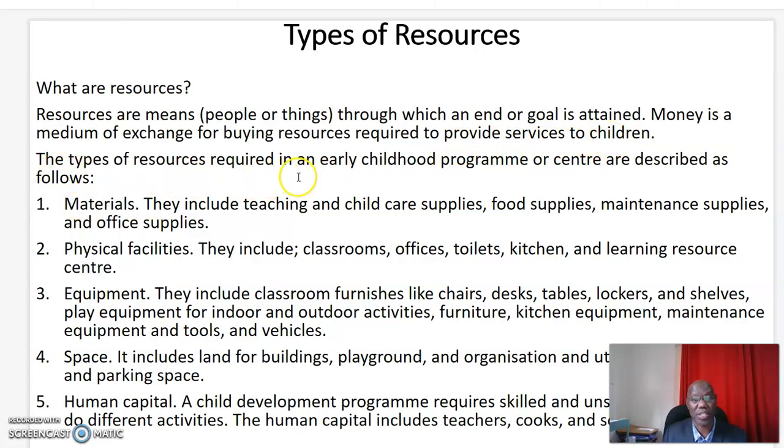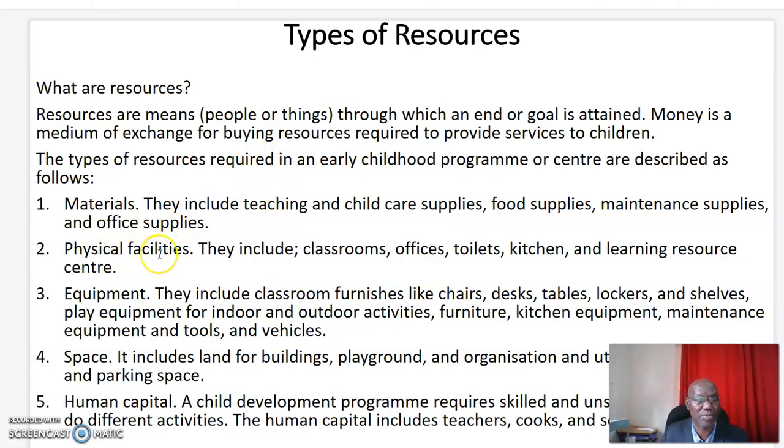The types of resources required in an early childhood program or center are described as follows. 1. Materials, which include teaching and child care supplies, food supplies, maintenance supplies, and office supplies.